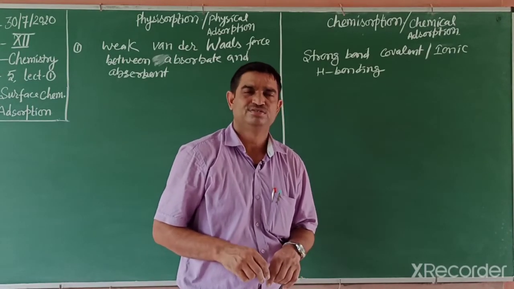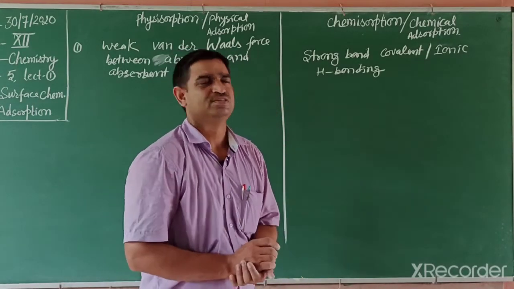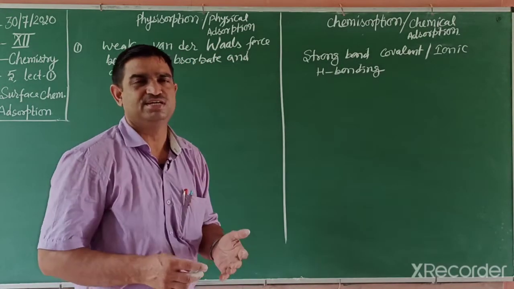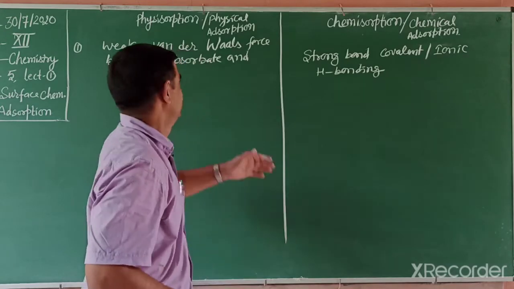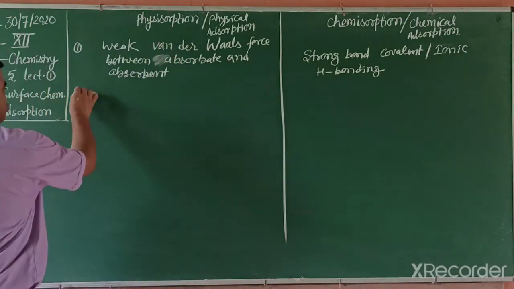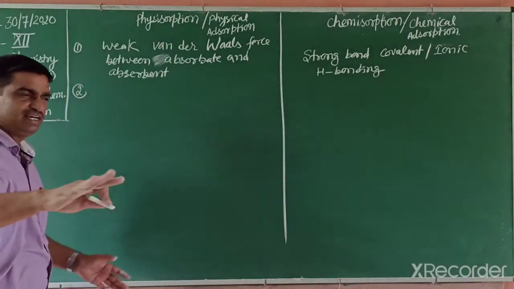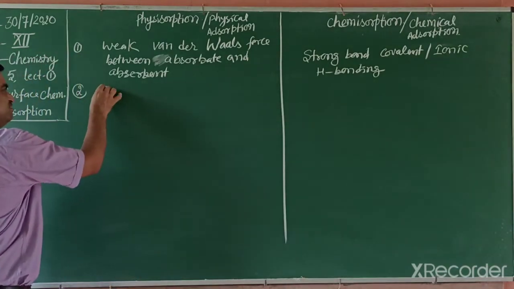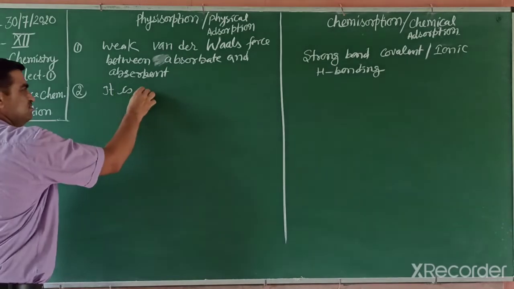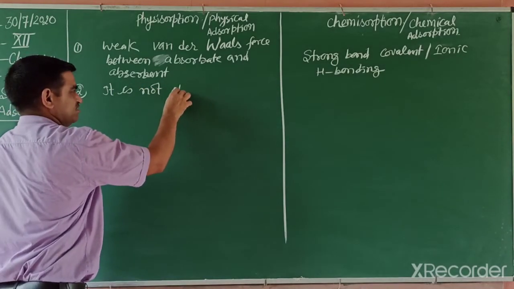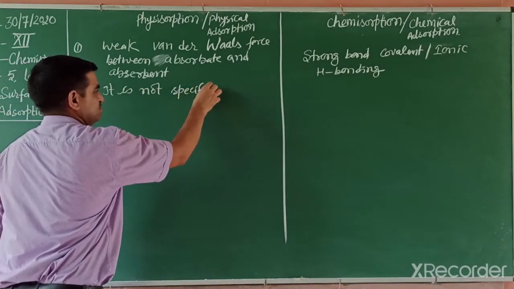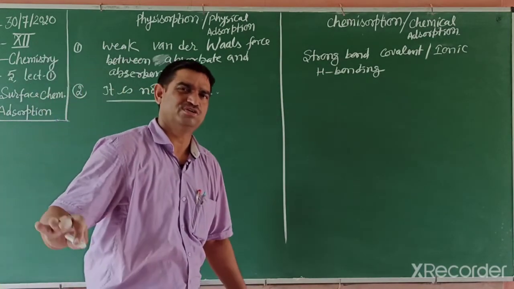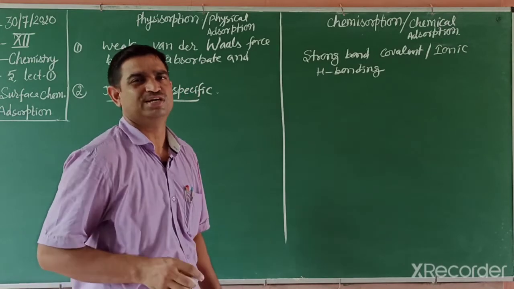Other one is specificity, meaning the difference in their specific nature. Physisorption is not so specific. Any gas can adsorb on any solid surface, like oxygen, nitrogen, carbon monoxide, ammonia.